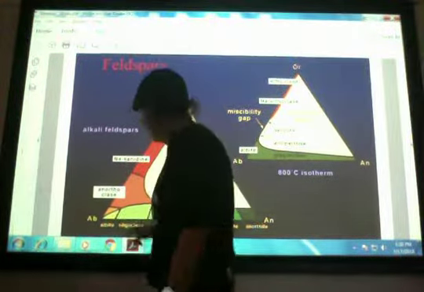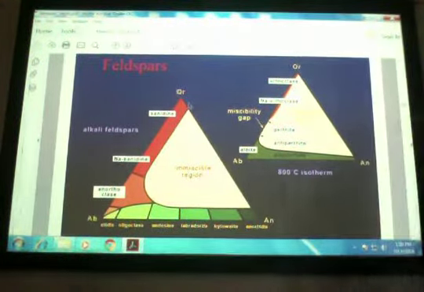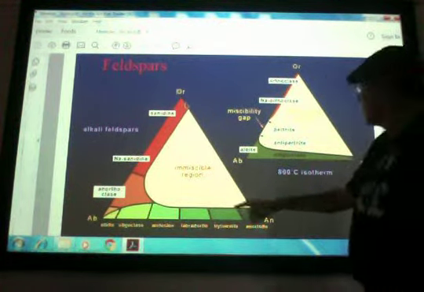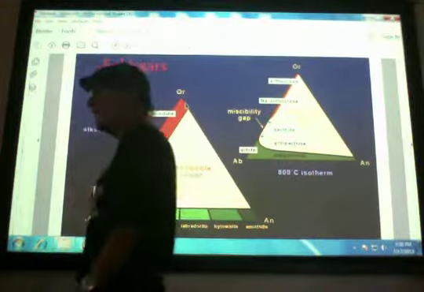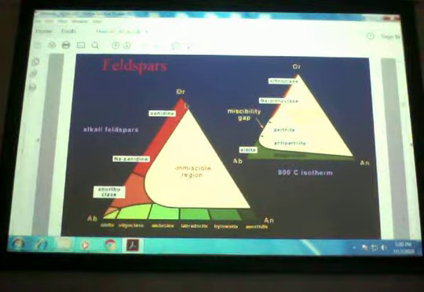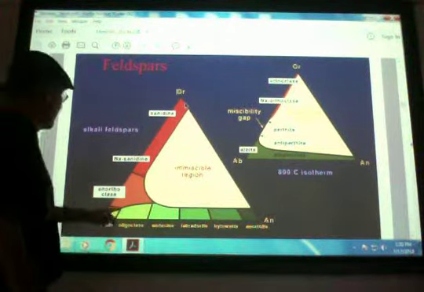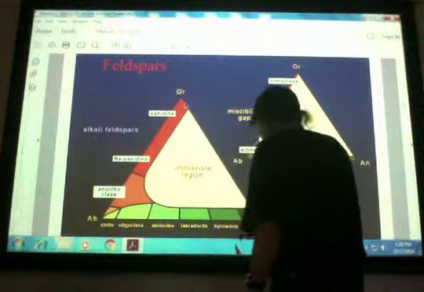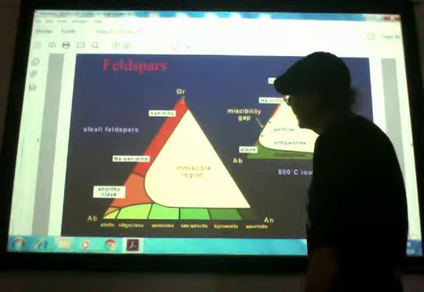I mean, here you have the pure albite, yeah? This one, at this corner, and here you have the pure anorthite on the other corner. And then you can have a mixture between all of them, yeah? Because you can mix them up. Here you have then the oligoclase and the andesine, the labradorite, the bytownite, and here the anorthite.